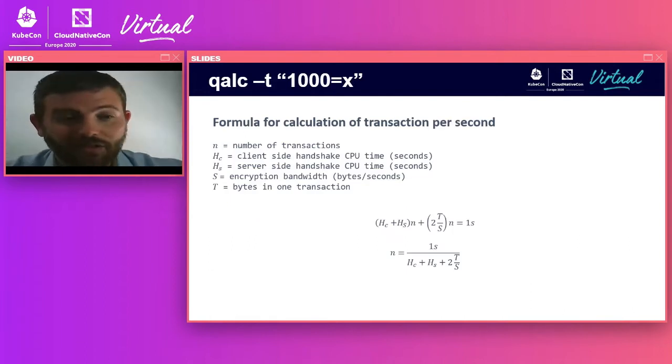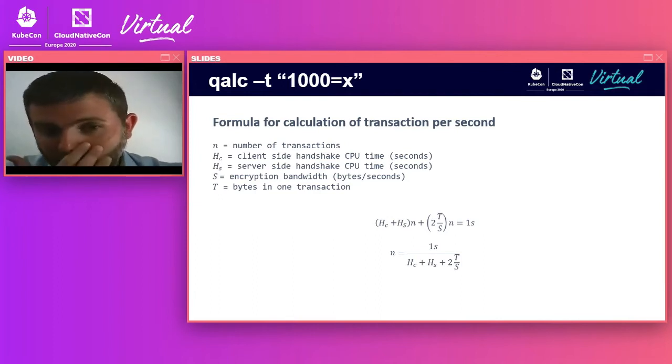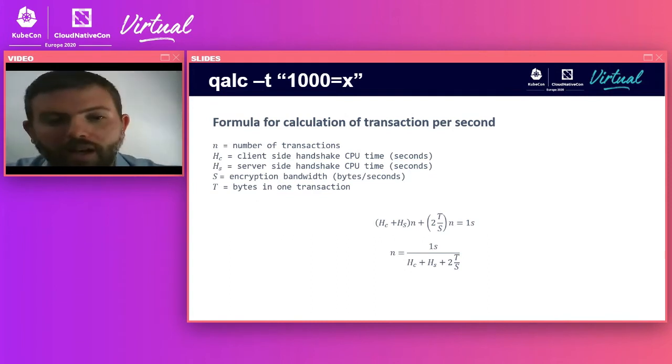And this is, sorry, going to be the hardest part of our discussion. I hope it is not that hard, but I've created a small and simple formula for calculating this TLS overhead. I took into account the number of transactions I want to make, which is N. H is the client or the server side CPU time we need for the handshake. S is the encryption bandwidth, and T is the bytes in one transaction.